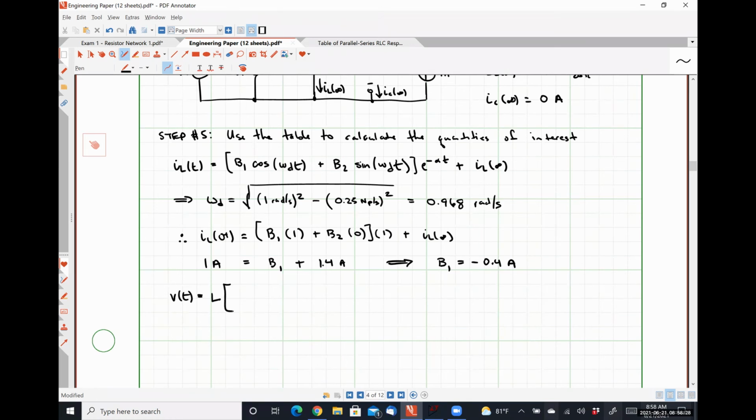So if I look at my table and I go down to the dy by dt for underdamped systems, I know that this is going to be omega d B2 minus alpha B1 times the cosine of omega dt, minus omega d B1 plus alpha B2 times the sine of omega dt.